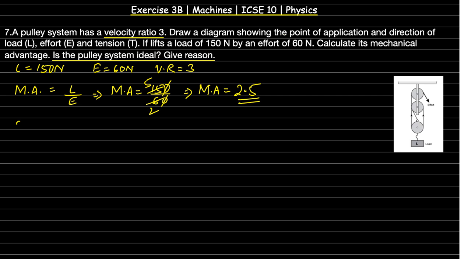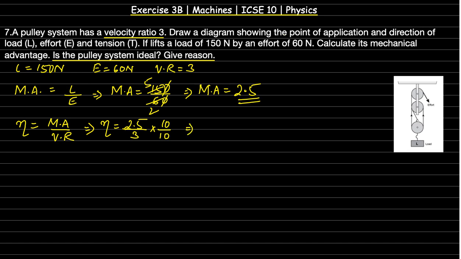Here I would be using the formula of efficiency, that is mechanical advantage divided by velocity ratio. So efficiency is equal to mechanical advantage, we just got it as 2.5, divided by velocity ratio, given as 3. To remove the decimal, we'll multiply numerator and denominator by 10.